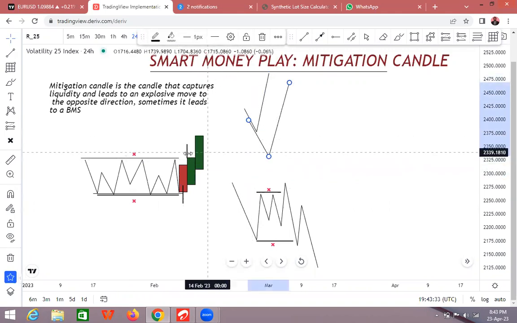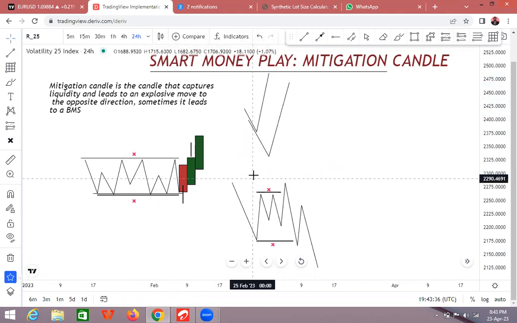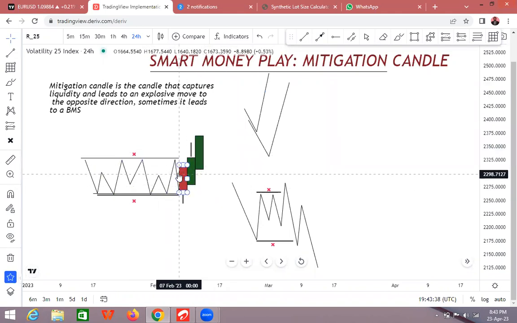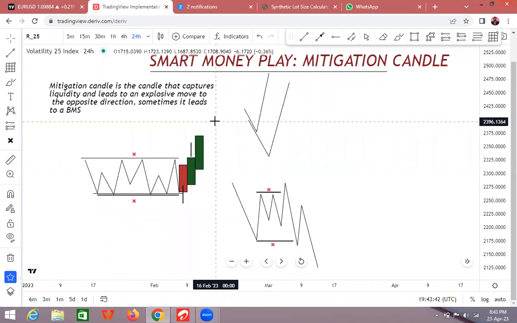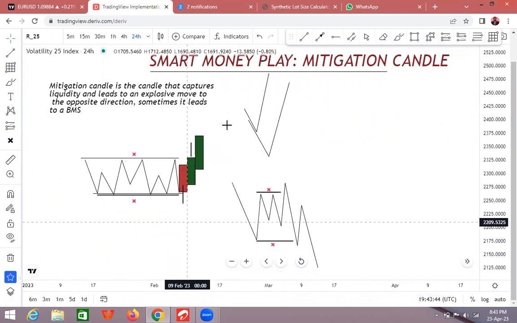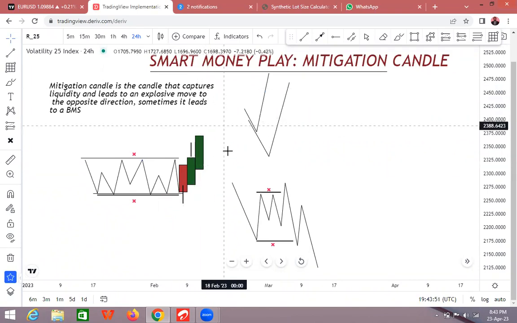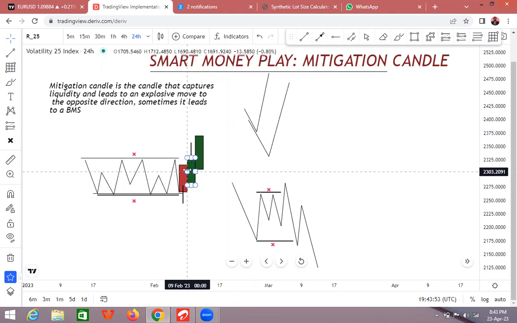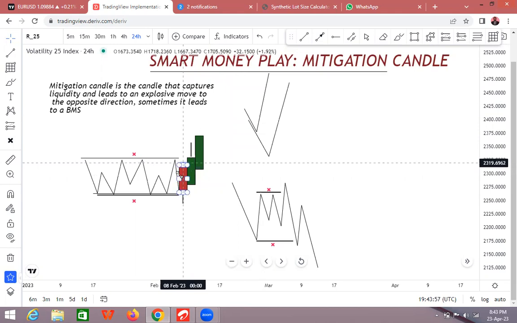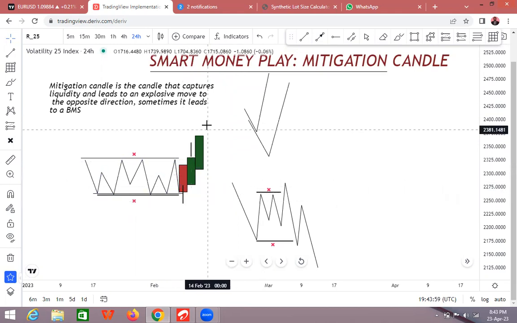You want to wait for price to come to the 50% of this candle, because this is actually a sell to buy candle. Their intention was to buy. If smart money wants to buy, they will first of all have to sell to buy. If smart money wants to sell, they will buy first and sell. So in this case, they sold heavily so that they will buy.